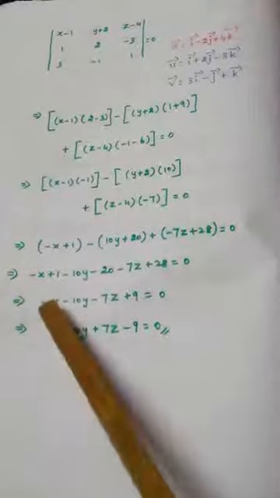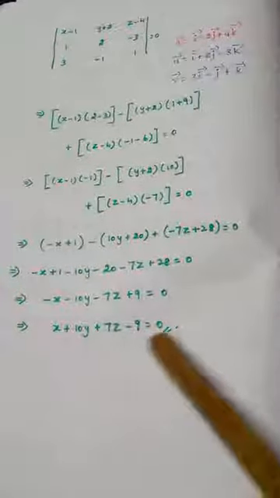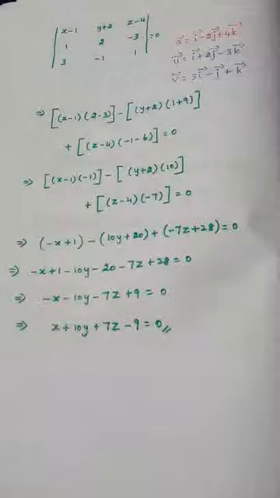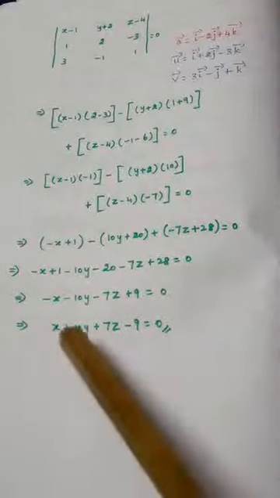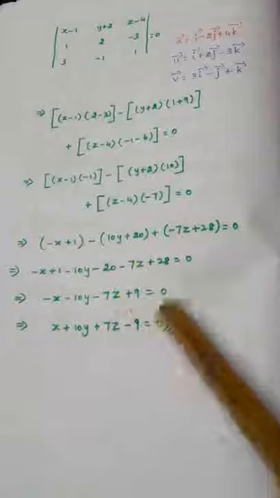Since minus sign is present before, we will change the symbol for all the terms, or multiplying minus symbol on both the sides. So x plus 10y plus 7z minus 9 equal to 0.